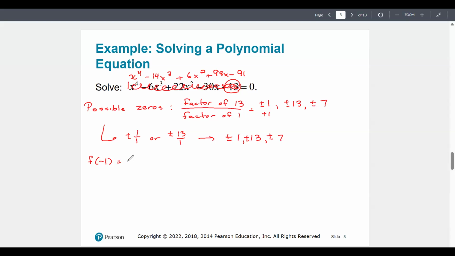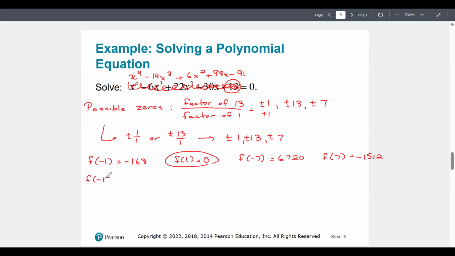So f of -1 is going to be -6, 9, so that's not a 0. If we do f of 1, though, that's going to be a 0. So we know 1 is a zero. f of -7 is going to be equal to 6,720, so that doesn't work. If we do just plain 7, it's not any better. We get a negative 1,512.